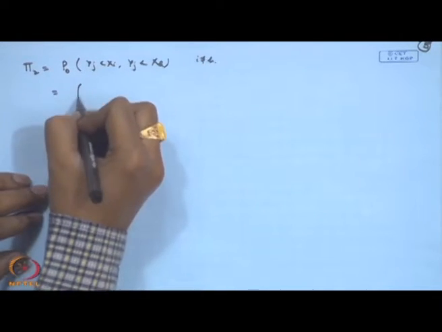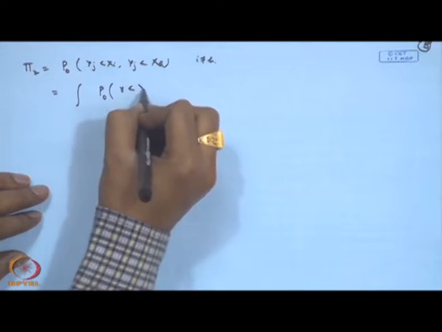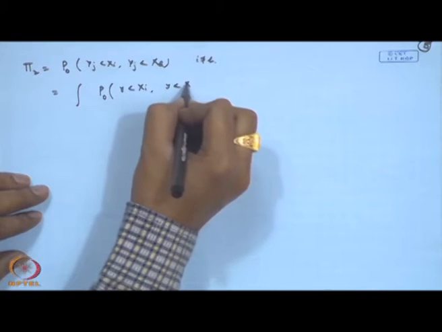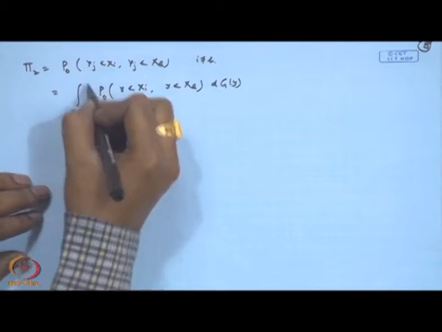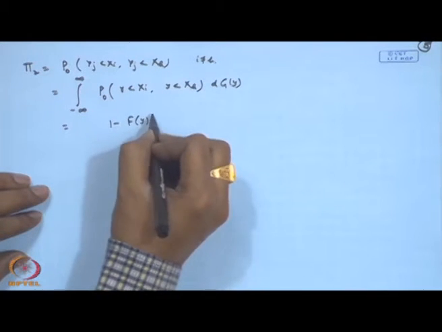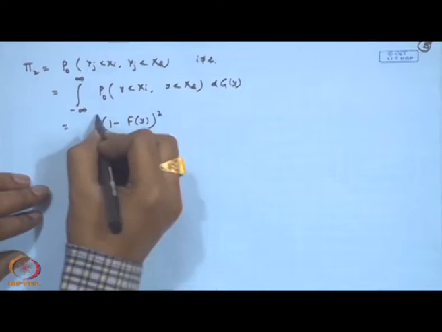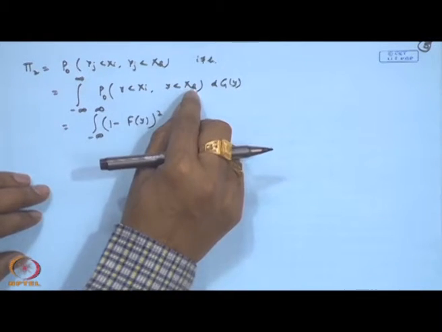Then that is equal to the integral of the probability of y less than x i, y less than x h d G y, that is equal to 1 minus F of y whole square, because when y is fixed, x i and x h are independent.